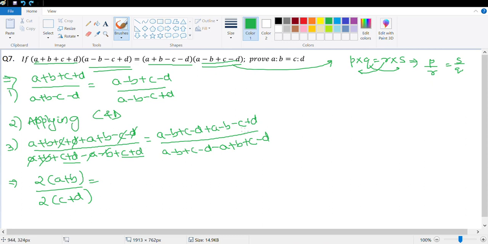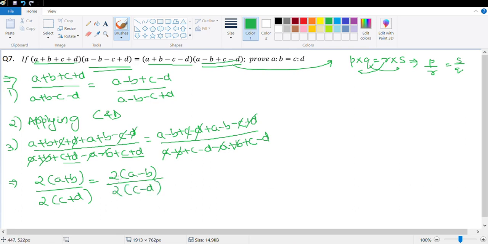Minus c and plus c get cancelled, and minus d and plus d get cancelled. So we have 2 times (a − b). In the denominator, a and negative a get cancelled, and negative b and plus b get cancelled. So we have 2 times (c − d).